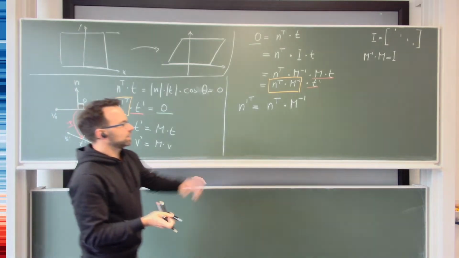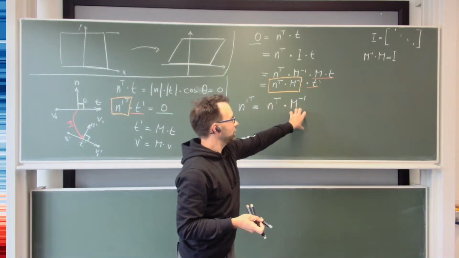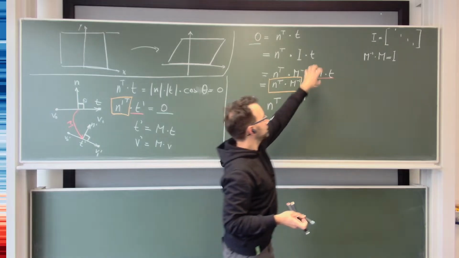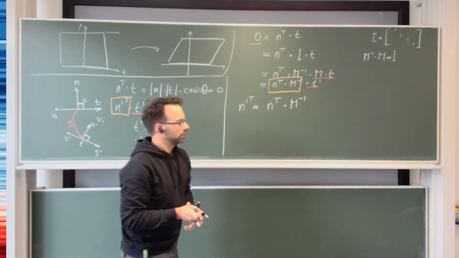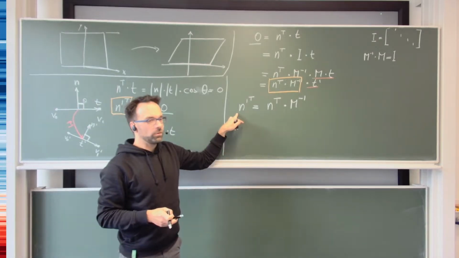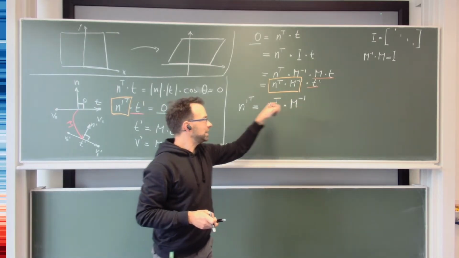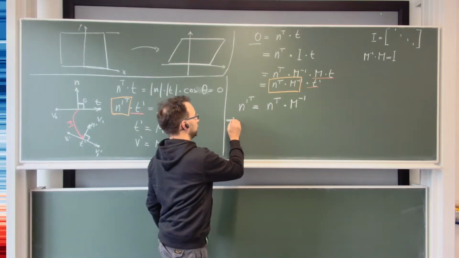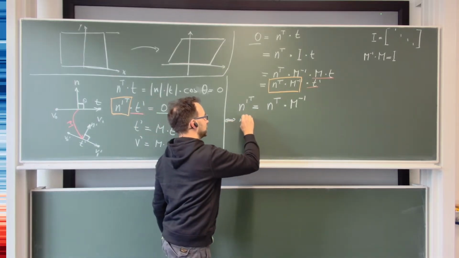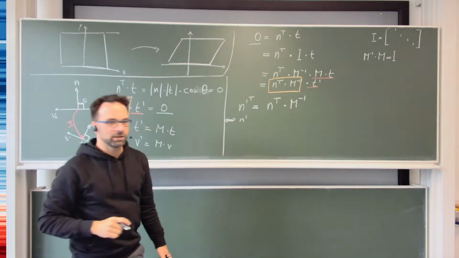Careful, this is row vector times matrix. This is matrix times column vector. So this works, and still yields a row vector. Row vector times matrix yields a row vector. How do we get this to be n dash?